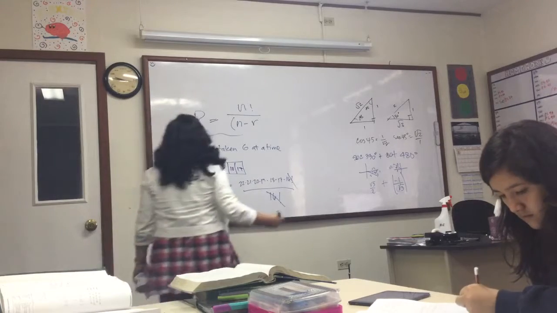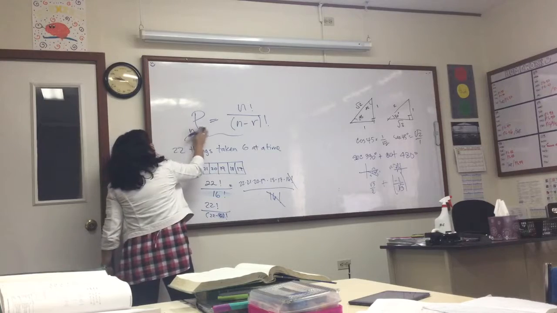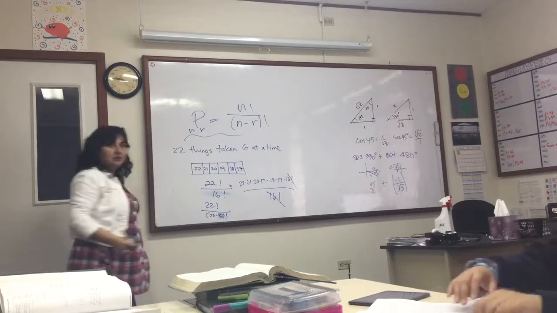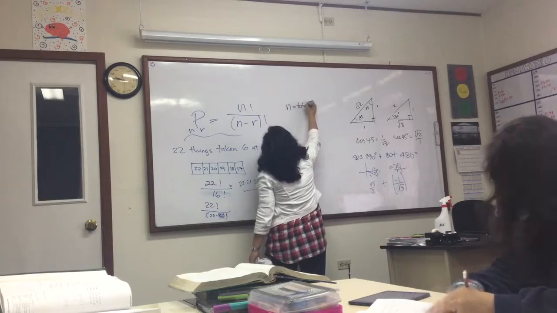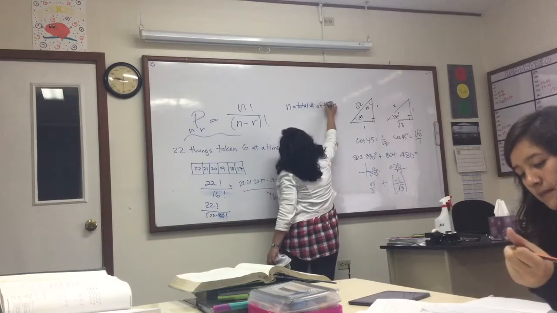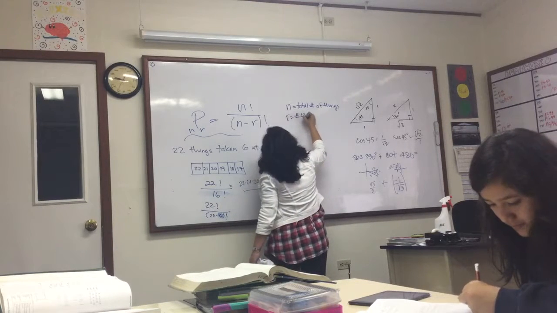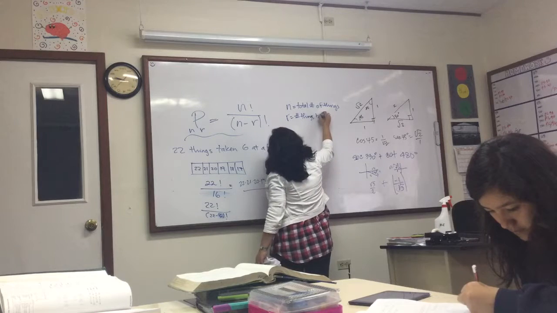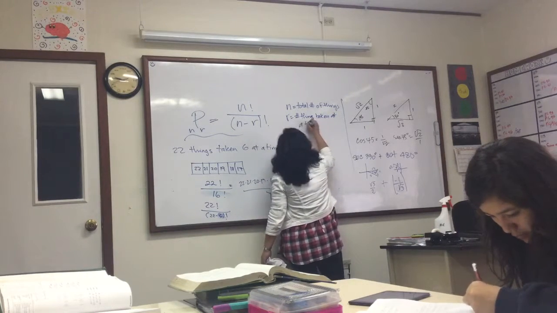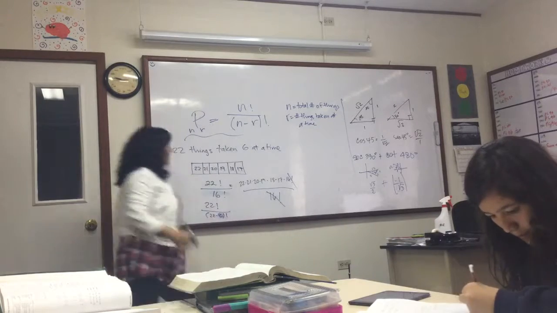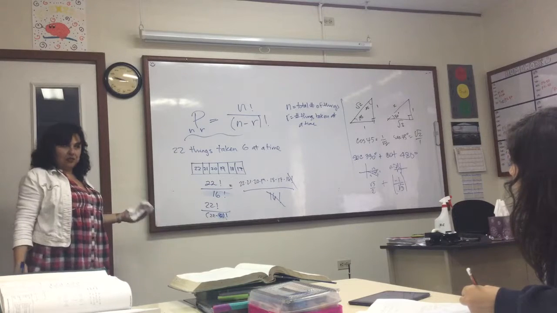R. Factorial. And this now becomes n and r. N being the total number of things. R being the number of things taken at a time. Does it make sense? Mm-hmm.